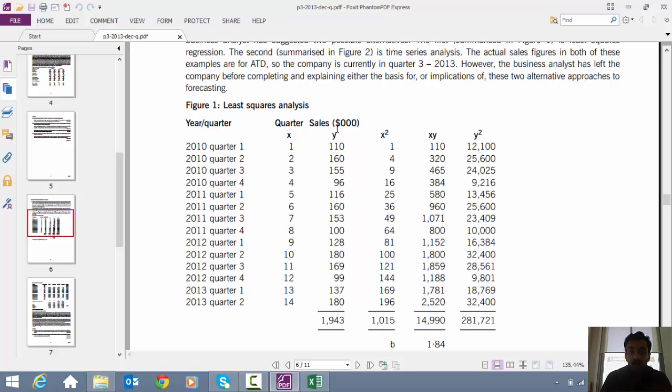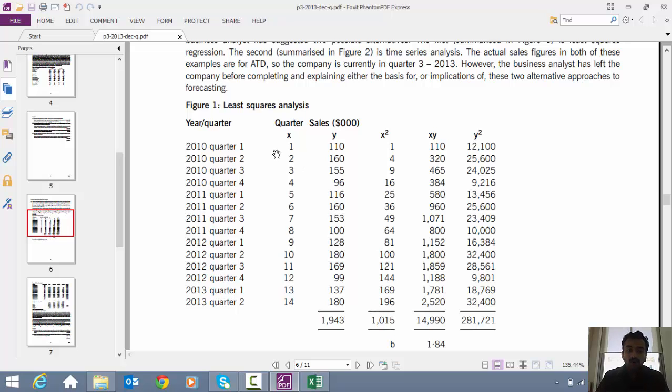Now, whenever we are studying sales against time, what we are trying to establish is whether sales and time are related, what the relationship between time and sales is, and how strong that relationship is. We compute the strength of the relationship using what we call the correlation coefficient.